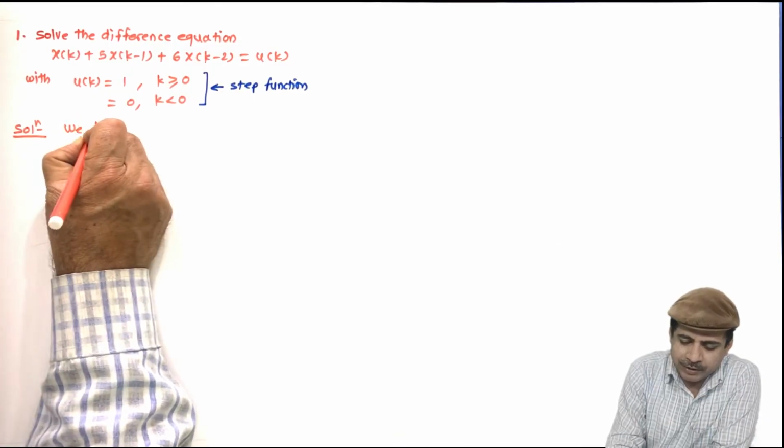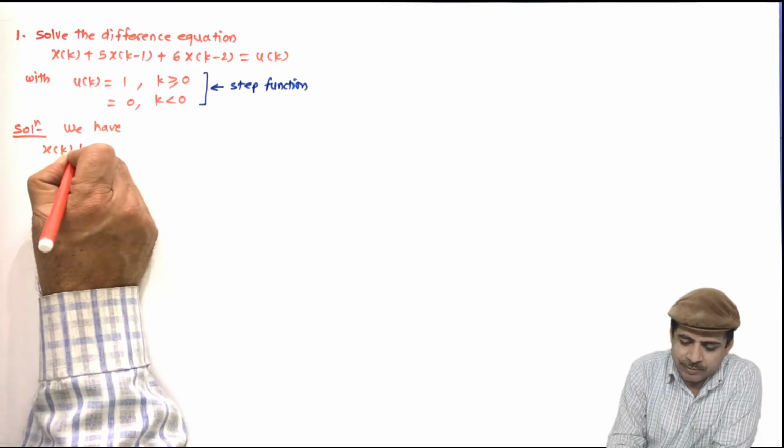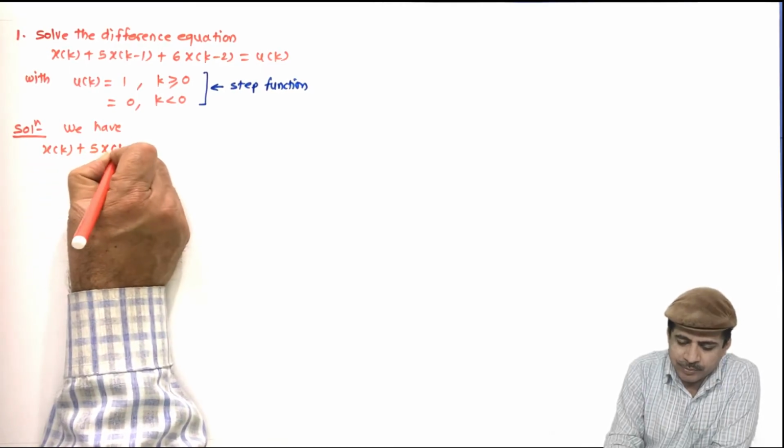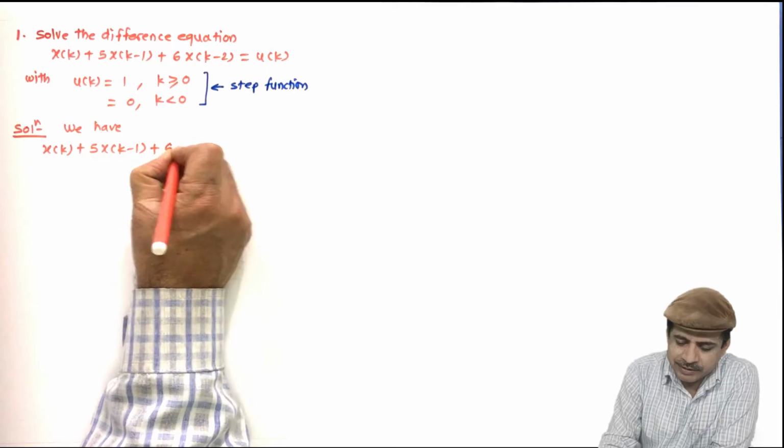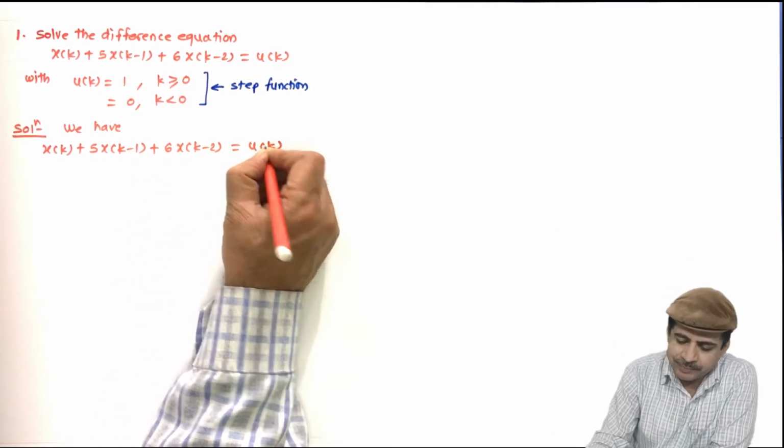We have the difference equation x of k plus 5 x of k minus 1 plus 6 x of k minus 2 equal to u of k.